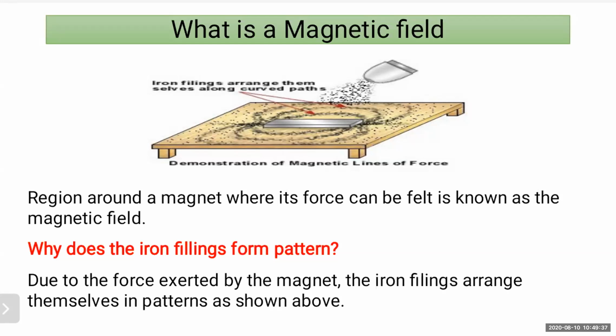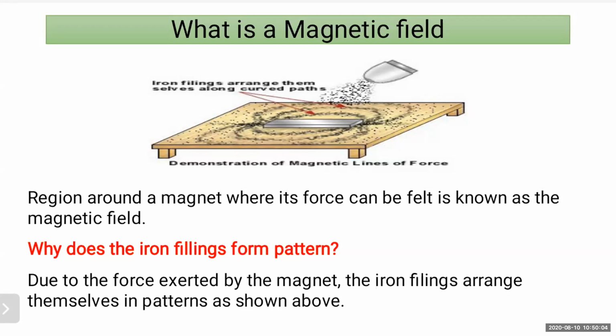field. Okay, so here there are concentric circles, but these show in a curved manner. So continuous curves are there. Why do the iron filings form a pattern? Due to the force exerted by the magnet, the iron filings arrange themselves in the pattern as shown above.